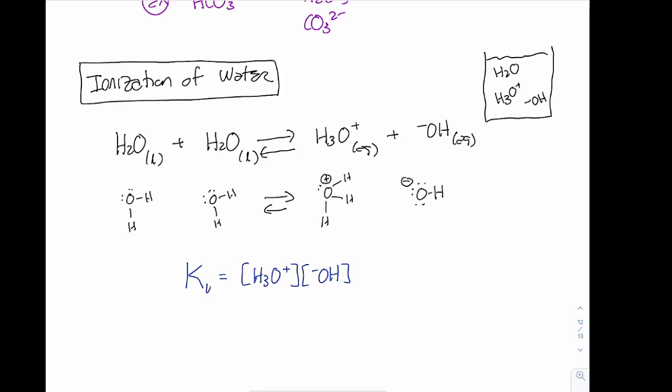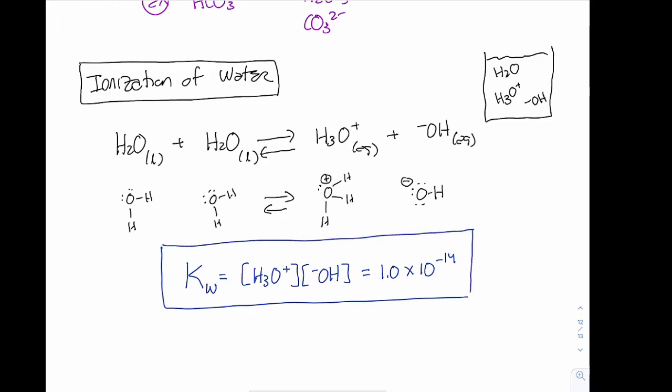And then we're going to put a subscript W here because it's the ionization constant for water, right? It's my equilibrium constant for water, sometimes called ionization constant. And then at 25 degrees Celsius, which is considered room temperature, this number is equal to 1.0 times 10 to the negative 14th. Remember, it's an equilibrium constant, so I don't actually need units. If I did include them, it would be molar squared.